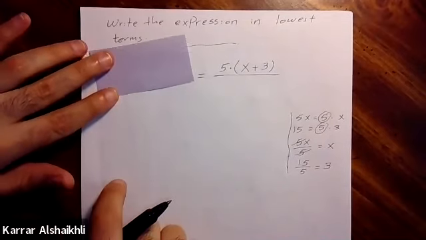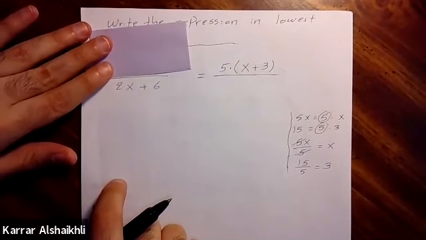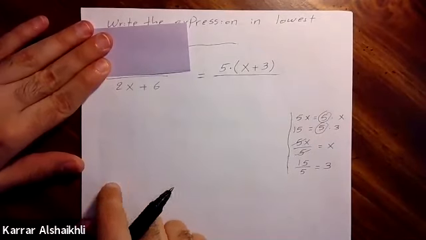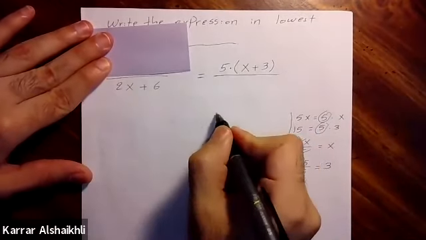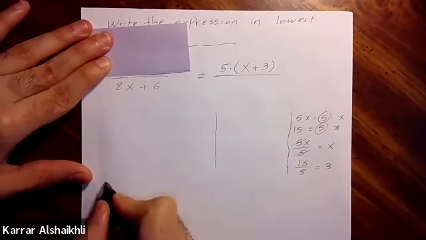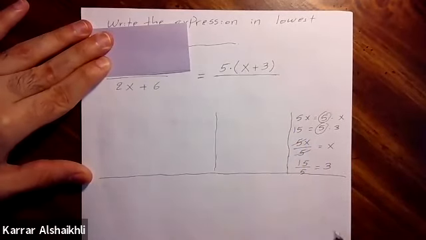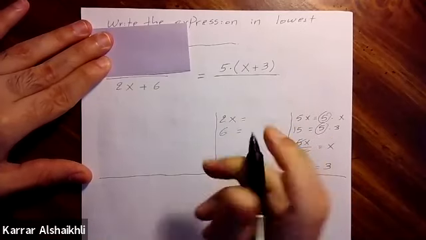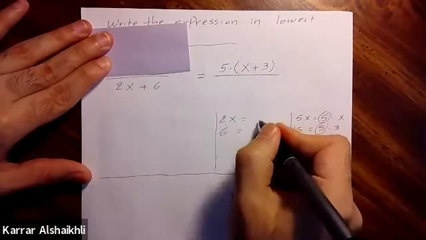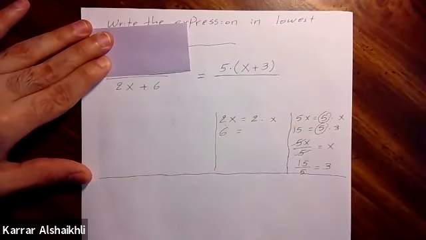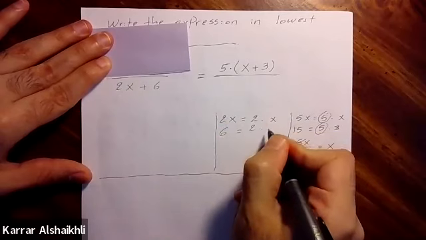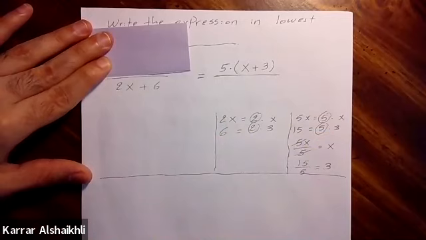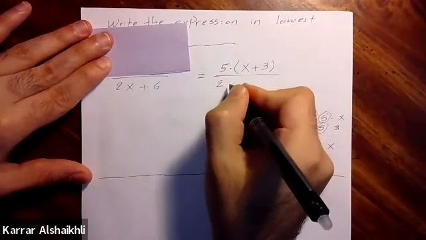I'm going to do the same thing to the bottom part. Do I have a common factor between 2x and 6? 2x is 2 times x. 6 is 2 times 3. So what's the common? 2. So I'm going to write down the 2.